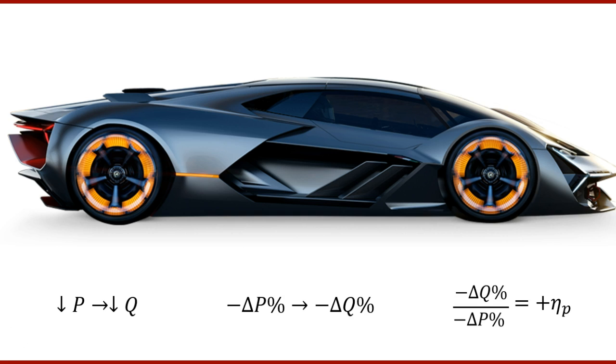And therefore, because a decrease in the price as a percentage leads to a decrease in the quantity demanded as a percentage, you represent that as a ratio to find your price elasticity of demand. When there's a negative divided by a negative, the negatives cancel, and you get a positive number. That is, a positive price elasticity of demand coefficient, indicating that you're violating the law of demand. Why might that be the case?